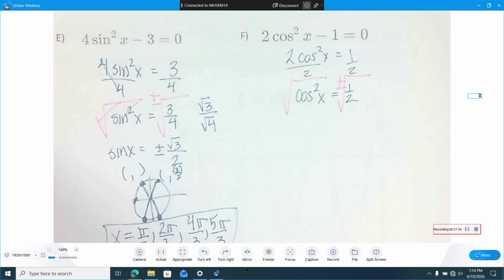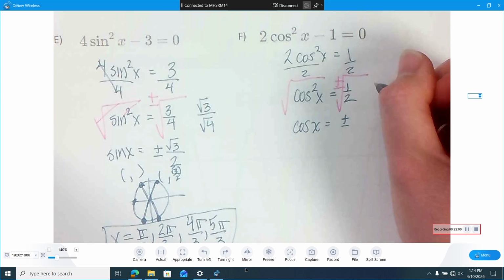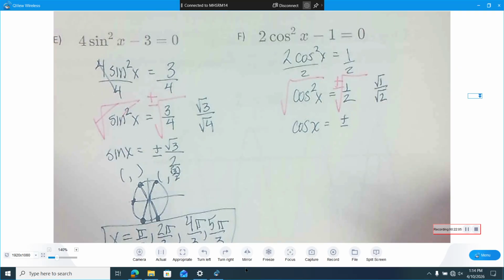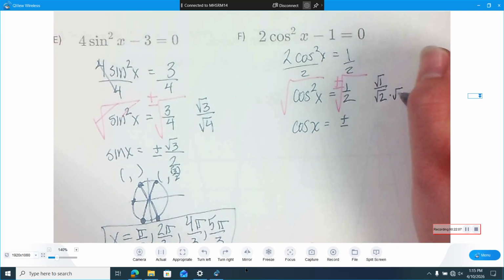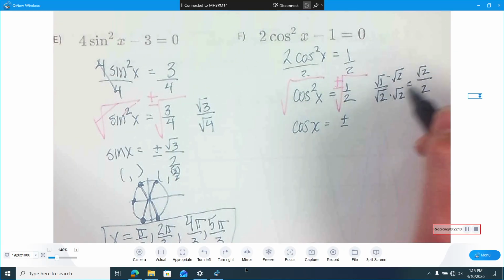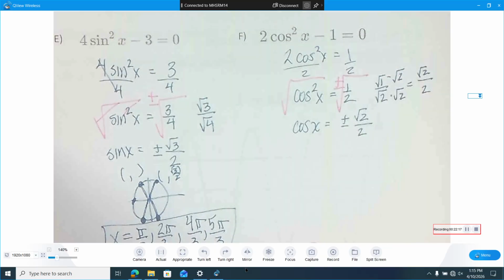Don't forget the plus or minus. Good. So we have cosine of x equals plus or minus the square root of 1 over radical 2. We'd have to multiply top and bottom by radical 2. So that 1 times radical 2 is just radical 2. So we get radical 2 over 2.